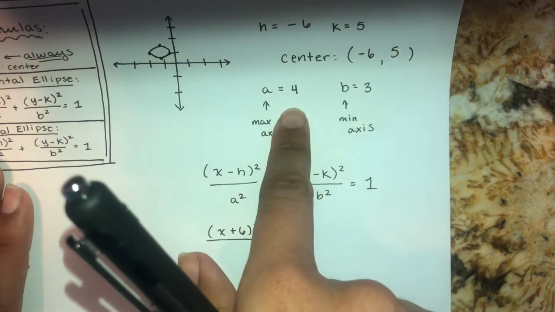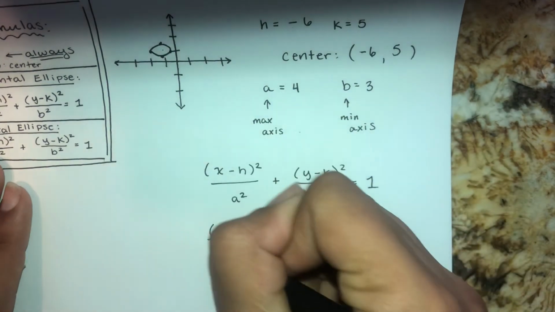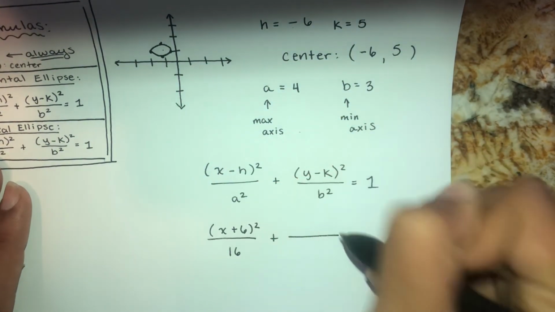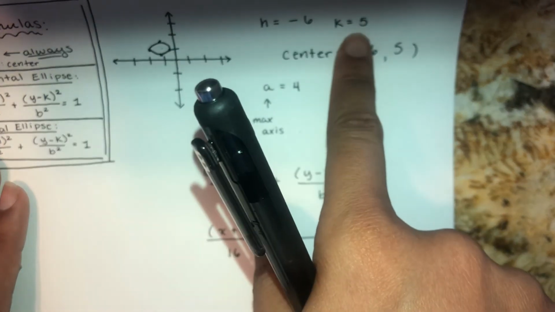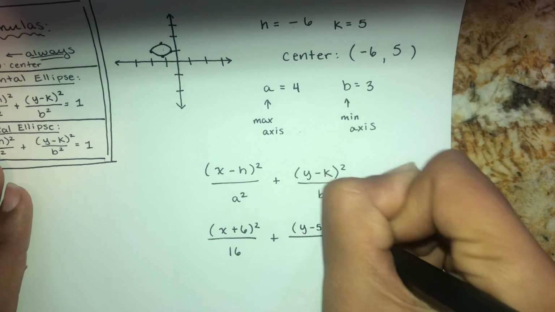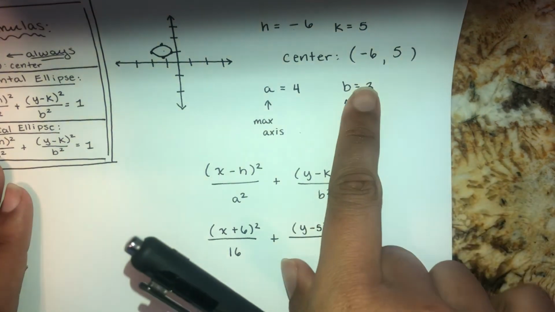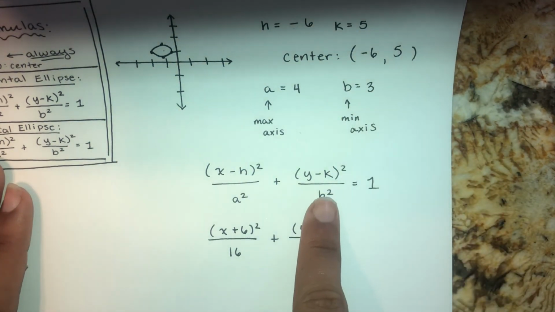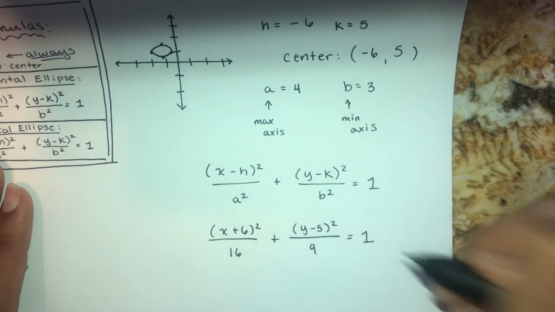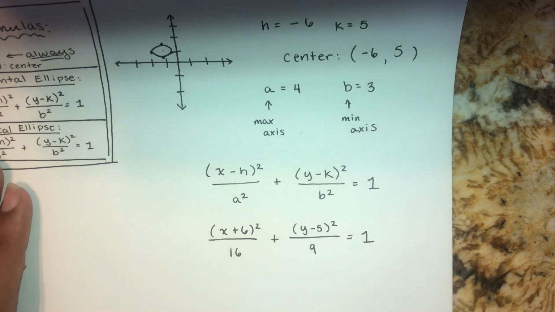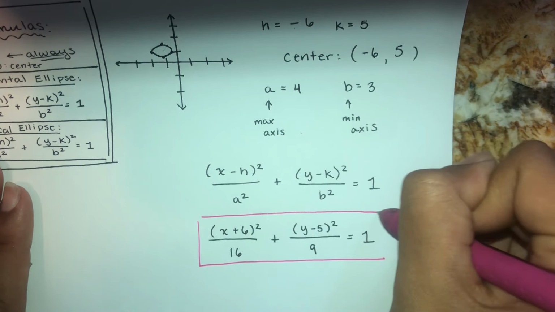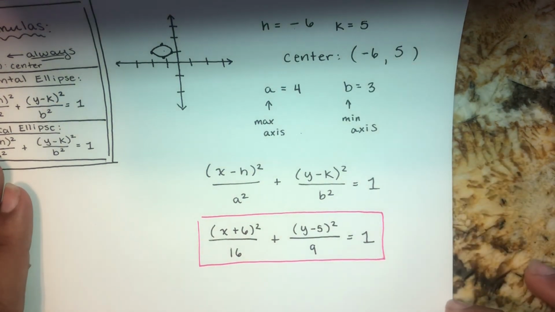A squared, well, a was 4, so a squared is 16. Plus y minus k, your k was 5, so it's y minus 5. And then b squared, b was 3, so b squared would be 9. That's it. Okay.